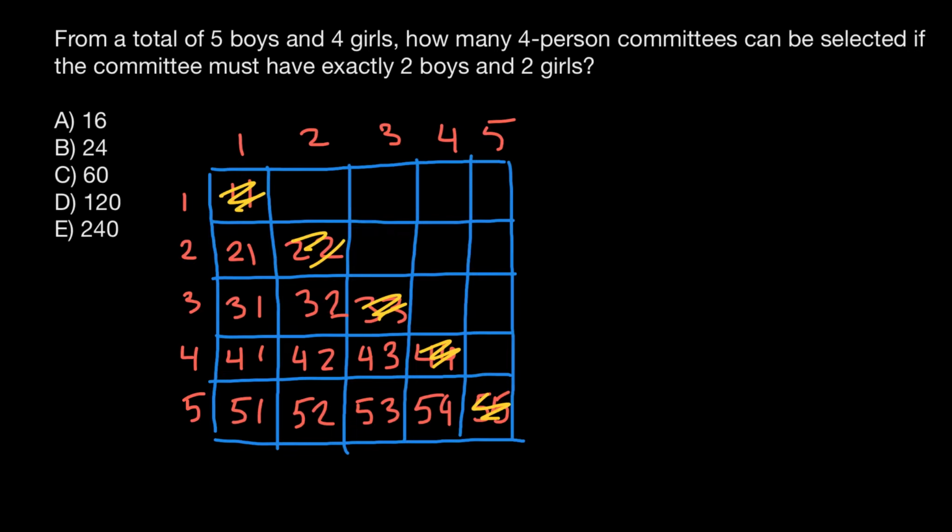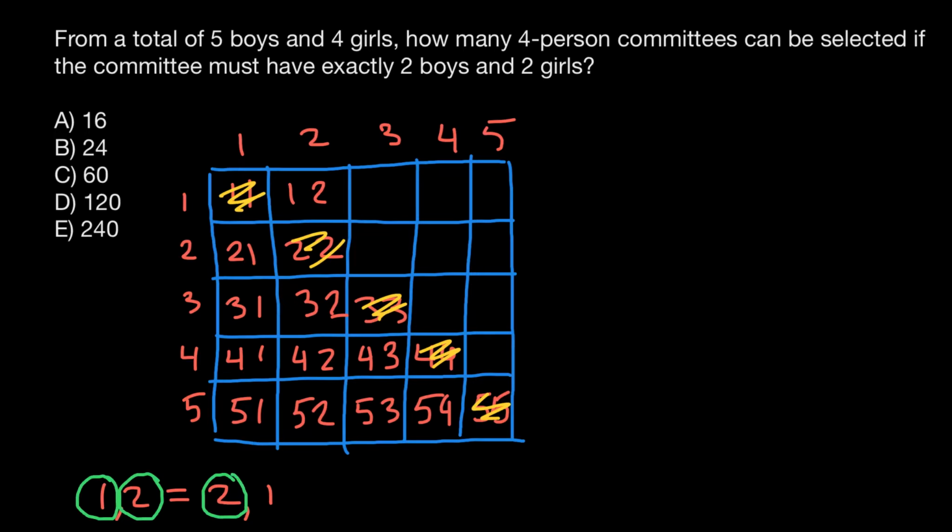Take a look. For example, in this cell we are going to get 1 and 2, and this is the same. 1 and 2 is the same as 2 and 1. Again, do not forget that each number here stands just for an individual.